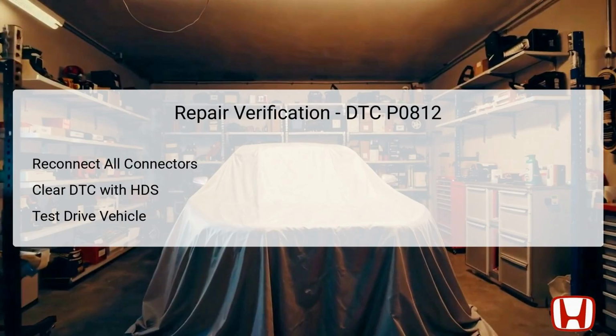It is then vital to test drive the vehicle under controlled conditions with the shift lever in the reverse position for a brief initial period, ensuring speeds do not exceed 3 miles per hour, 5 kilometers per hour. After this, increase the speed beyond 3 miles per hour, 5 kilometers per hour, and continue monitoring the response of the vehicle during this second driving phase. Finally, the HDS should be consulted again to check the OBD status to determine if the DTC P0812 has been resolved effectively.